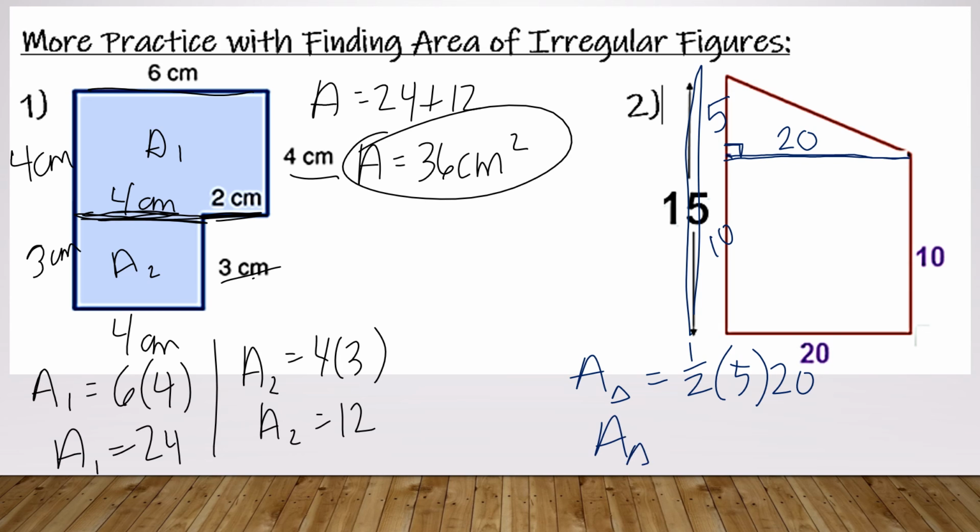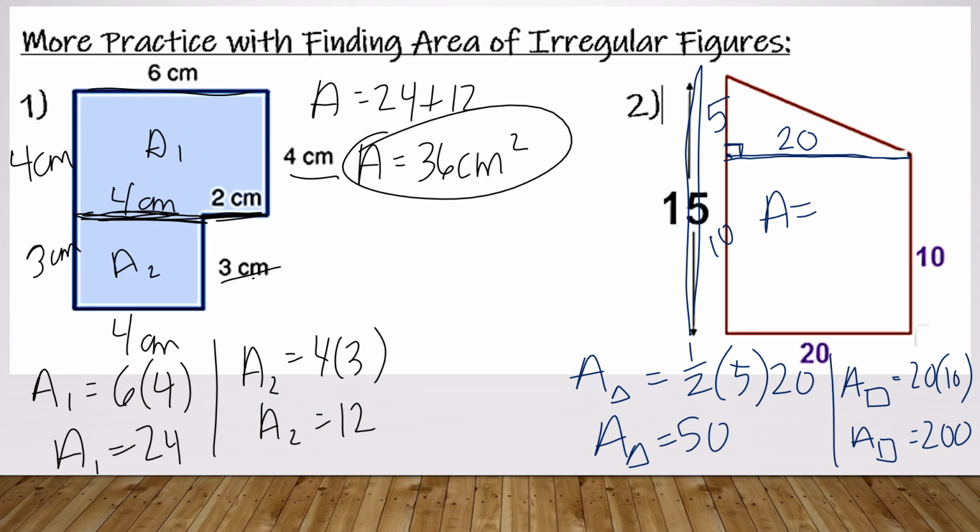If I put that in my calculator, I end up getting the area of the triangle is 50. For the area of, this would be a rectangle, it would be 20 times 10, and I would get 200 there. So to get the whole entire area, you're going to add the 50 plus the 200 together, and we get 250 units squared as my answer.